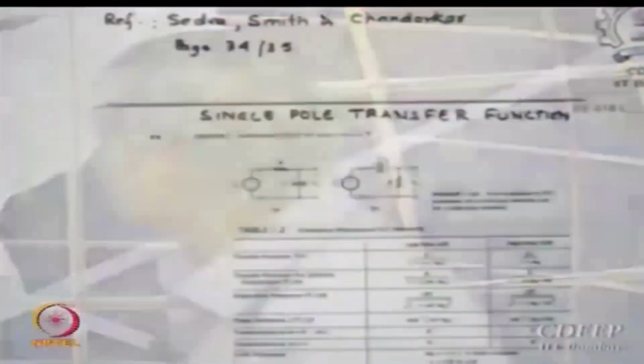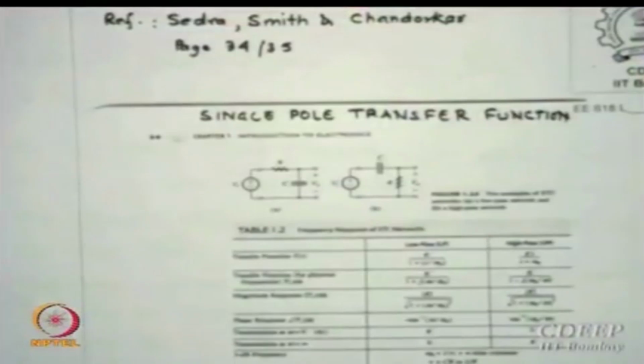So, standard, I do not know whether you can read, but for one of them you can see the transfer function T(s) for a low pass is some constant, which is DC gain, over 1 plus s upon omega 0, where omega 0 is the pole value for this transfer function, and for high pass it will be s upon s plus omega 0, where omega 0 is again the pole for the high pass.